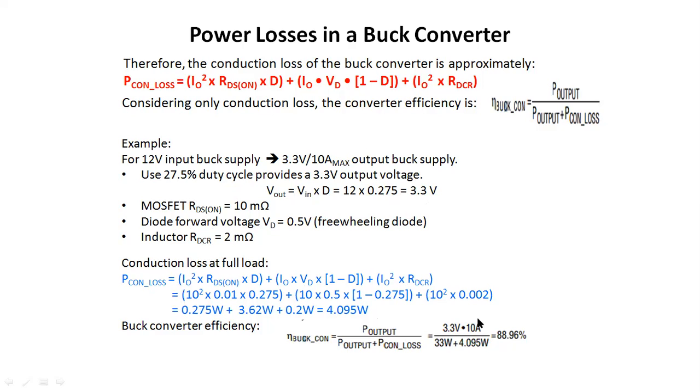If you solve P output upon P output plus P conduction losses, with 3.3 and 10A, you will get the value for eta conduction, that is 88.96%.